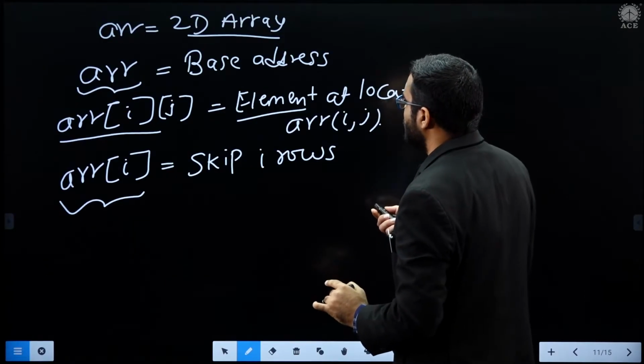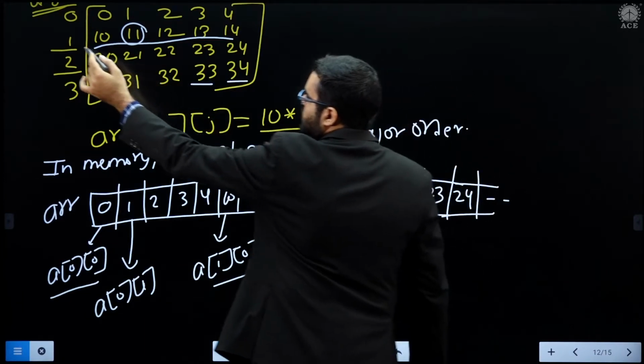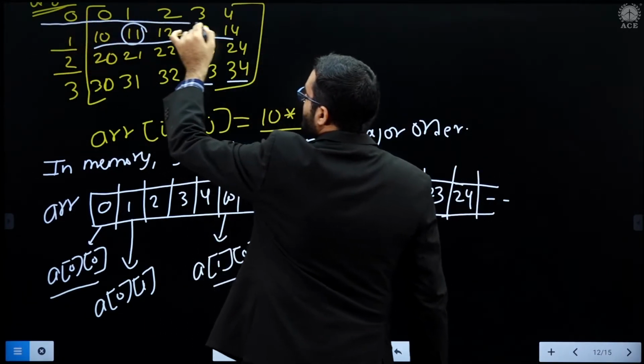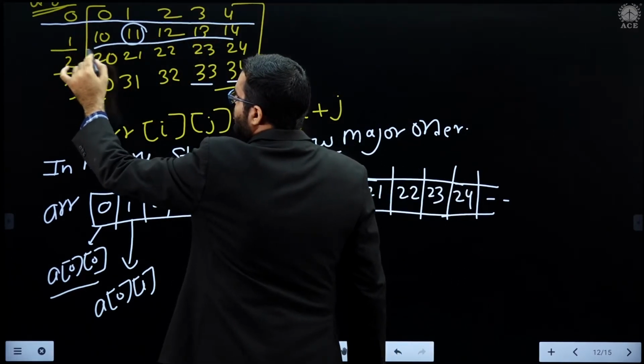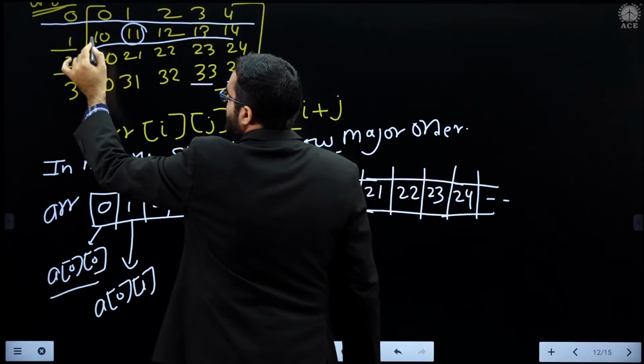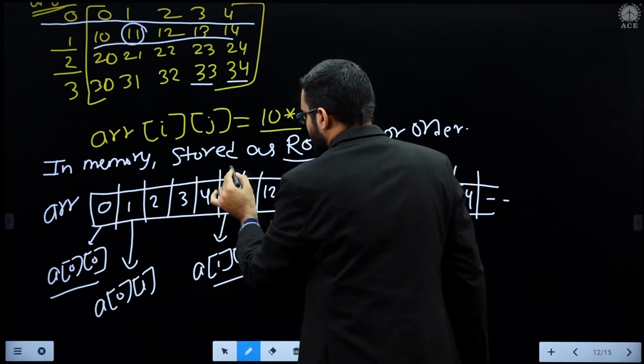When you skip one row, what will happen? You skip this complete row. So ARR of 1 means we are here.